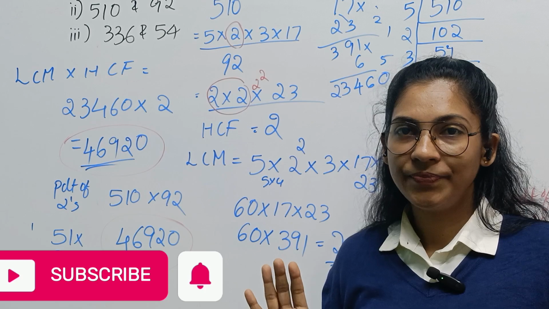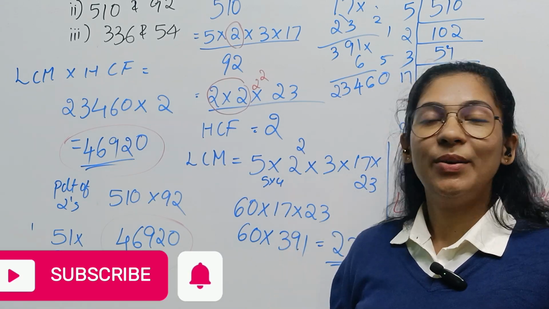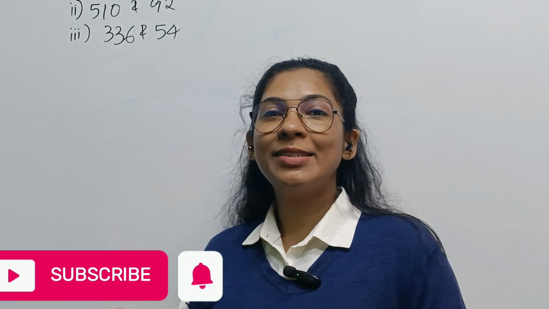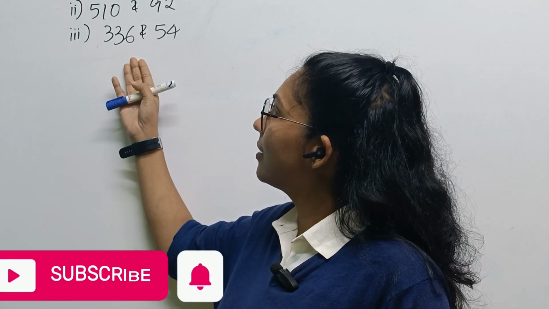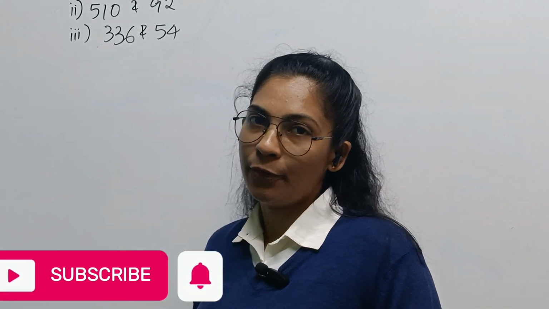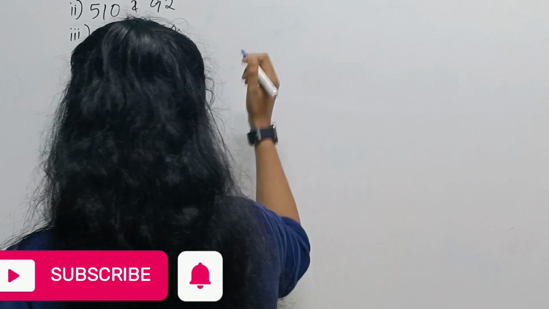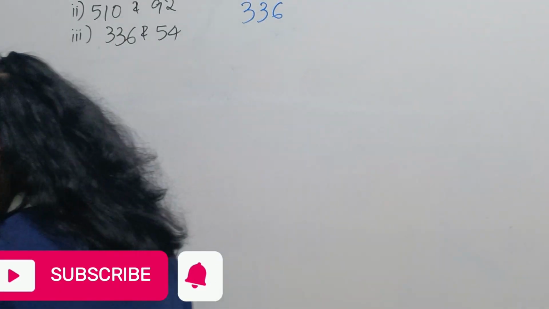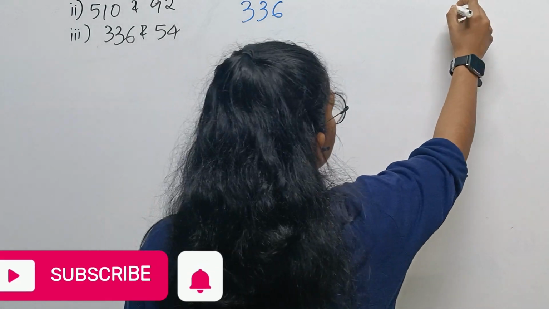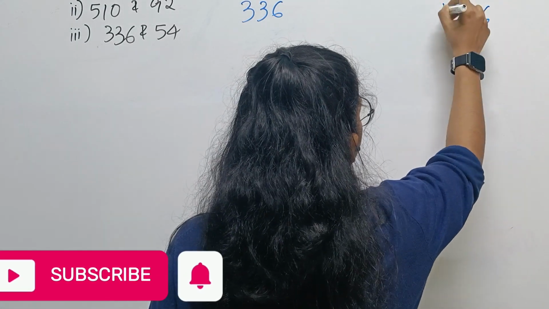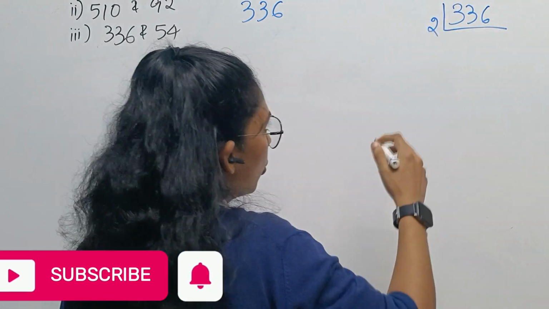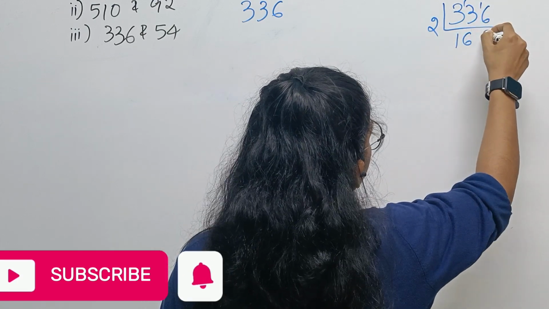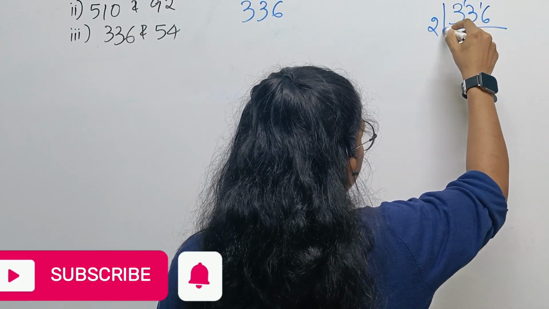Okay, clear? So now let's move on to the third sub-question. Now the third sub-question is 336 and 54. Okay, so first we have to factorize 336. Now let's start with 2. 2 1s are 2, 13, 6 twos are 12, 8 twos are 16.